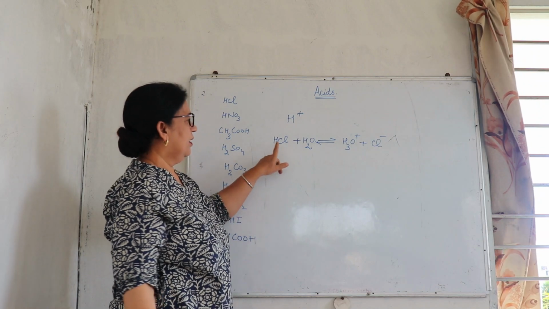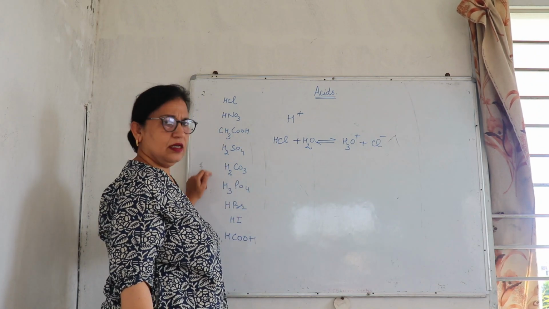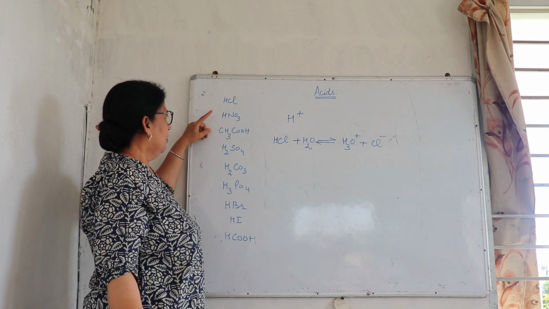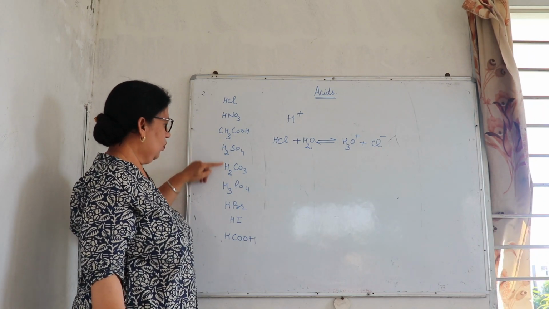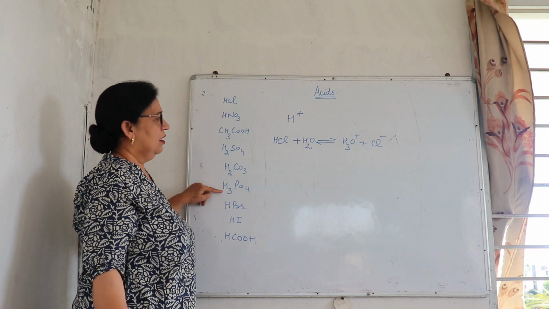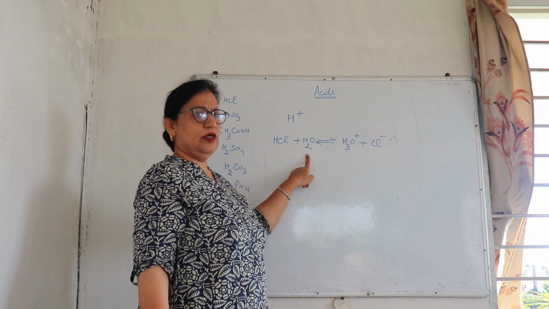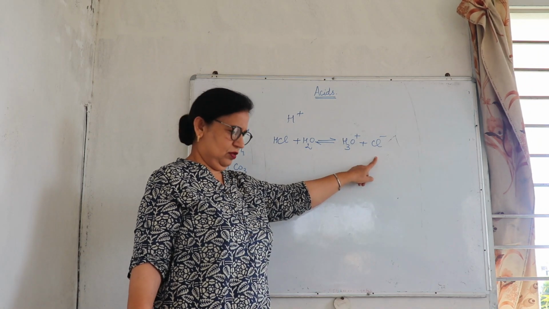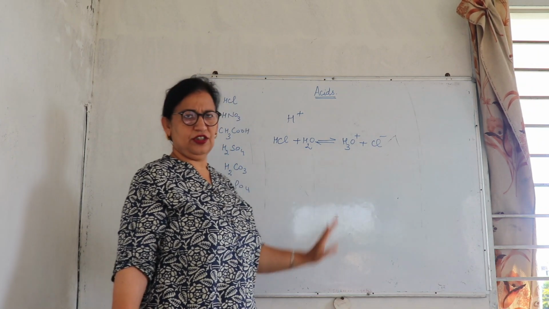To elaborate: an acid is a chemical compound which contains one or more hydrogen atoms, and when dissolved in water produces hydronium ion as the only positively charged ion.